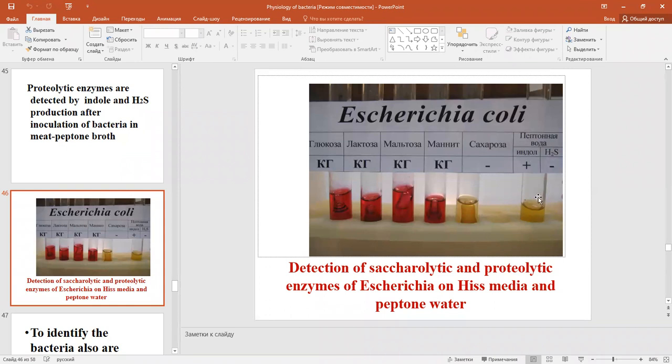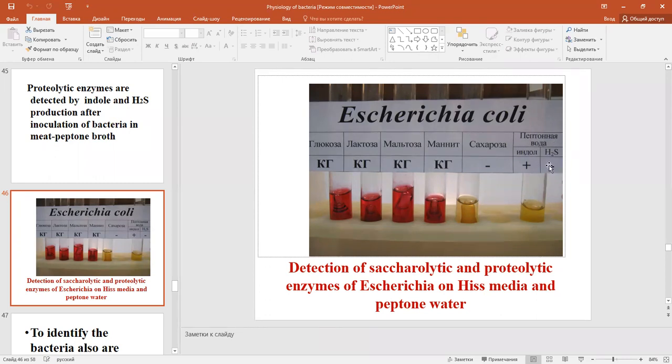If bacteria destroy the proteins, gases go out, and due to reaction with specific chemicals, we will see a change of color of the papers. If the paper has a red color, it means indole production, and if another paper gets a black color, it means H2S production.